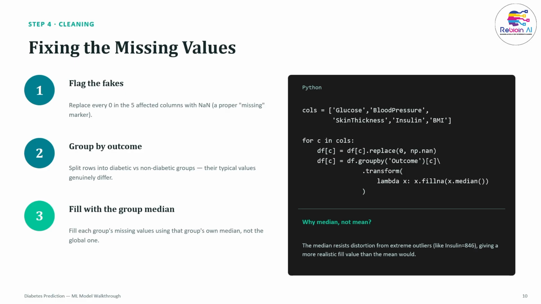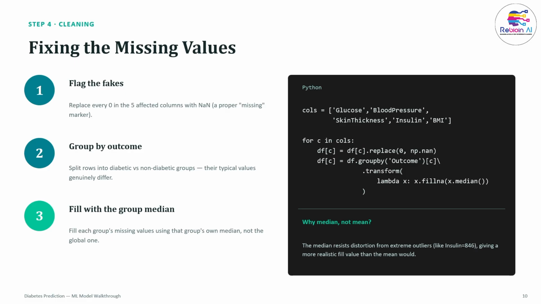Second, we group by outcome. We split patients into diabetic and non-diabetic groups because their typical values genuinely differ. Glucose runs higher in diabetics even among the real valid measurements. Filling with one dataset-wide number would blur that difference. Third, we fill each group's missing values using that group's own median, not the mean.